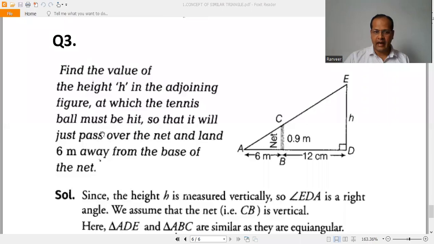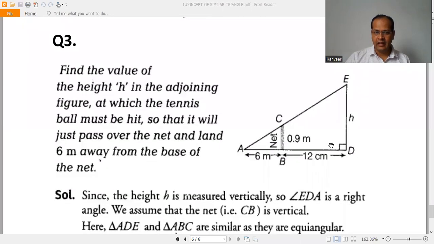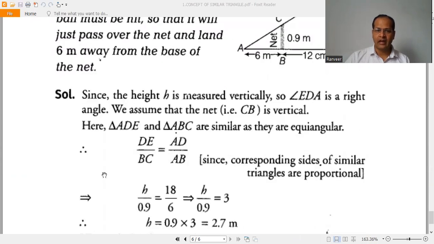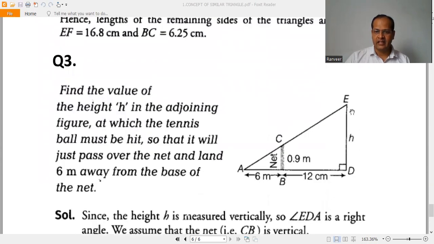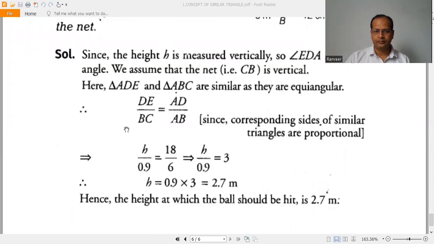Now, triangle ADE and triangle ABC are similar and equiangular. So based on the similar triangle properties, first of all, we can write DE by BC equal to AD by AB, where DE is the side of the bigger triangle. Just substitute the values here: H divided by 0.9 equals 18 divided by the other value.